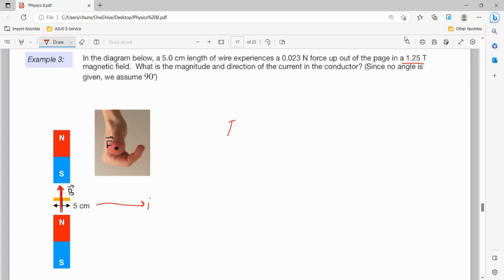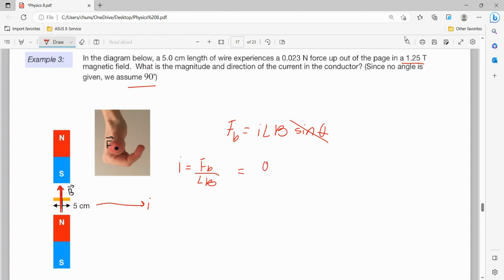So again, we're going to use our equation, which is our current times our length and our sine. We're going to assume that it's 90 degrees given the question. So this can just go away because that's just going to be equal to 1. So we have our force, so let's isolate for our current, which is equal to our force over our length times our magnetic field.